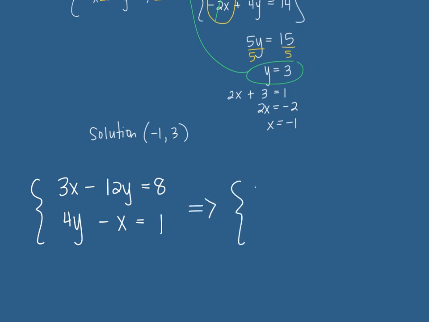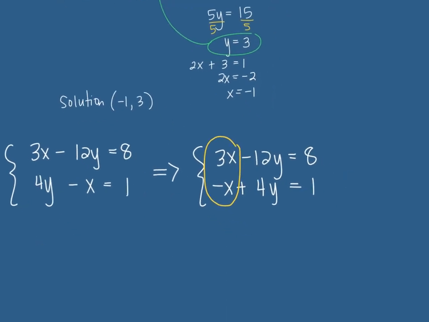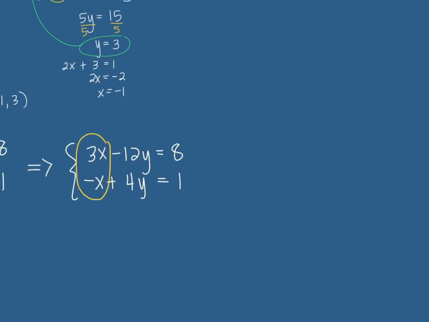So I would switch the order of the bottom equation, and I would have negative x plus 4y equals 1. And then I notice that I could use the x's to my advantage if I would multiply the bottom row by 3. And so I'll take that bottom row and I will multiply it all by 3.